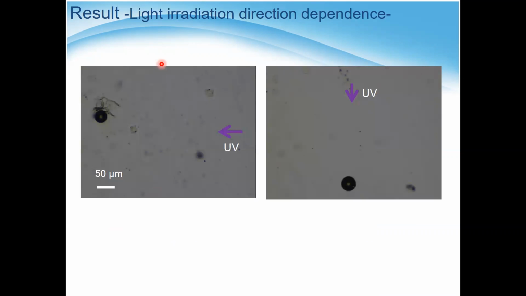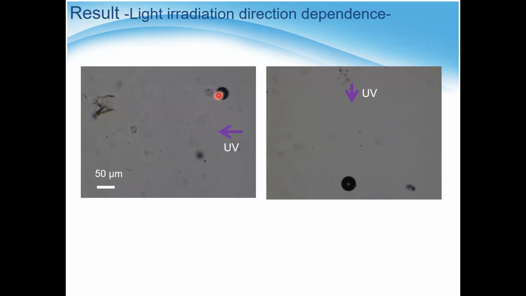And for the next one, we studied whether it really depends on the UV light. So we studied the light irradiation direction dependence. When the light was illuminated from the right side, once the light is on, it starts rolling. And then when it's off, it goes around a bit.